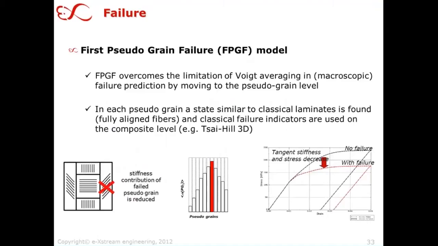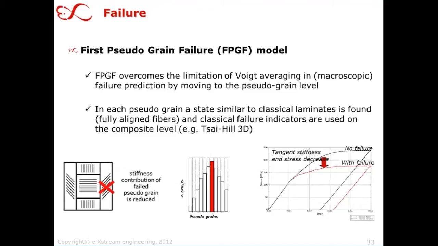Exactly this you can compute if you go down to the pseudograin level. This is what we do in the so-called first pseudograin failure model that we offer in DIGIMAT. FPGF, this is the abbreviation for it, overcomes the limitation of the void averaging step. This is the final step that we perform in the homogenization approach, which brings us to the macroscopic level. FPGF moves the failure prediction really to the pseudograin level below.